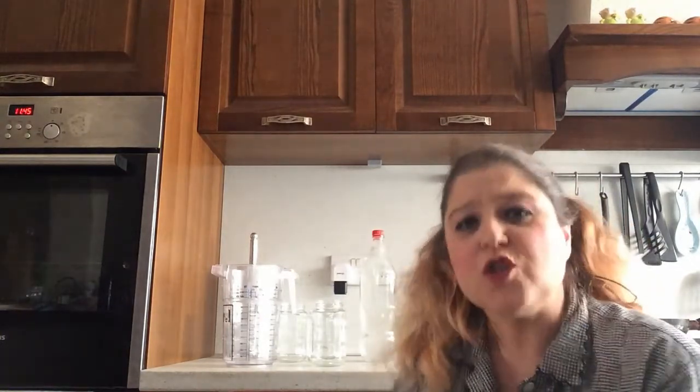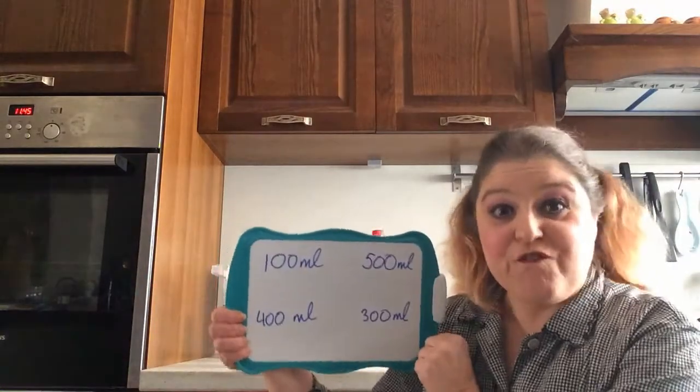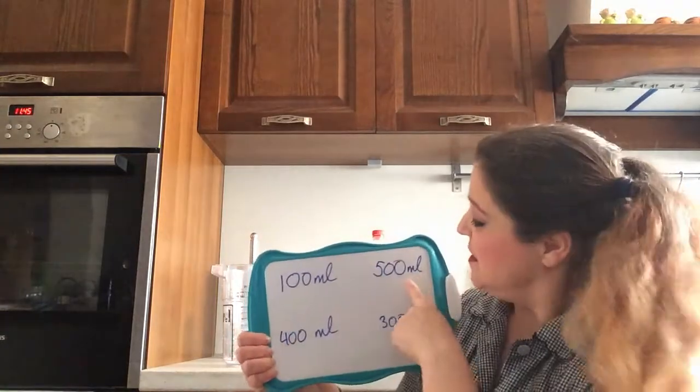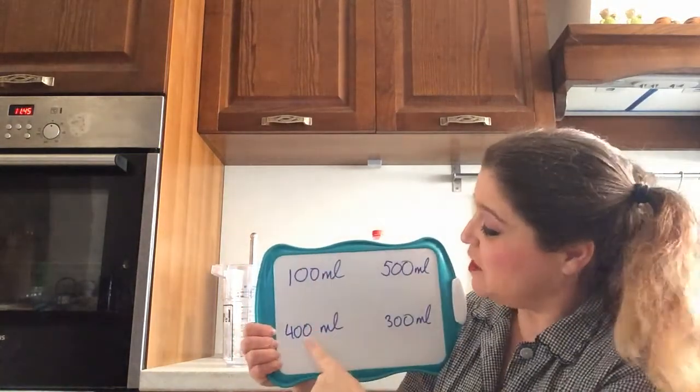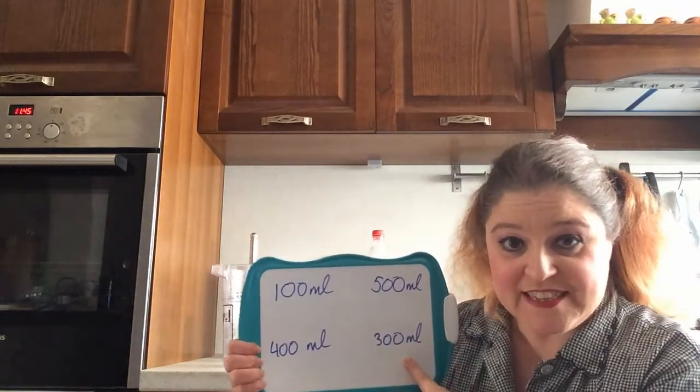Now, you can choose to do the activity with me, or you can choose to watch what I do and then do the activity at your own pace at home. Are you ready? Now, I have written 4 amounts on my whiteboard. 100 millilitres, 500 millilitres, 400 millilitres, and 300 millilitres.